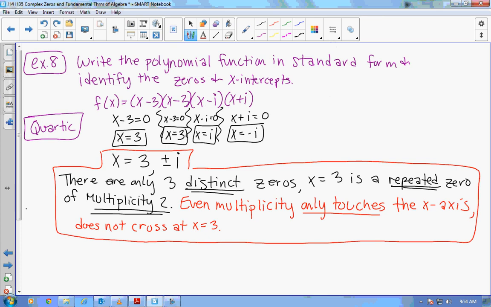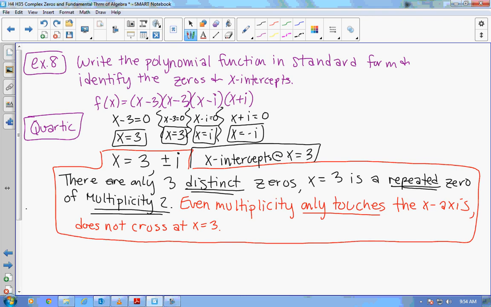Which ones of these are x-intercepts? The 3. So our x-intercepts happen at x equals 3. And it happens to not cross, but it does touch there at x equals 3. The imaginary zeros aren't going to cross or touch the x-axis.